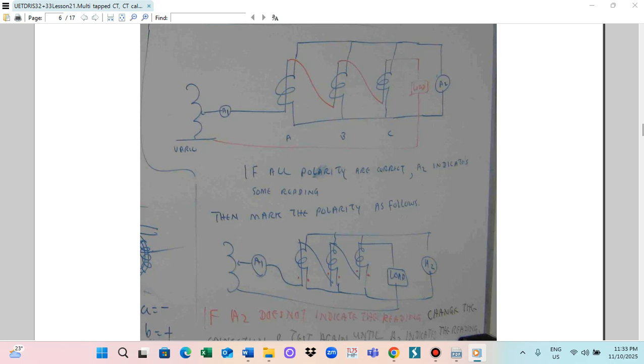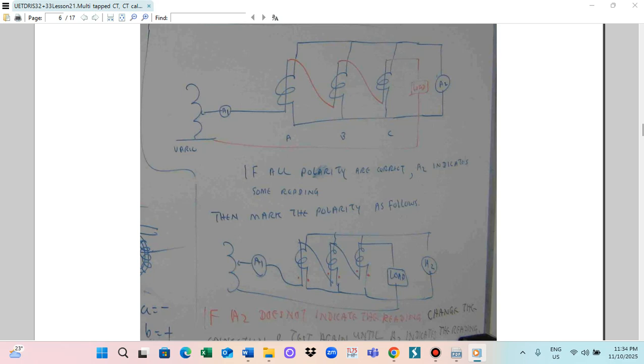If the polarity is connected correctly and the ammeter indicates a reading, note the polarity as follows.